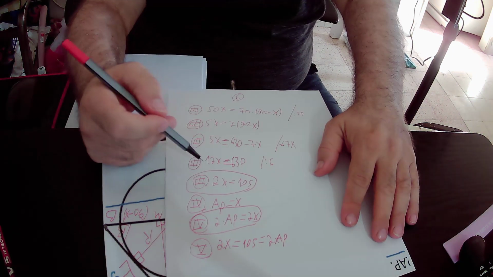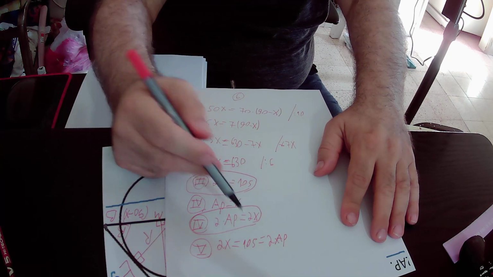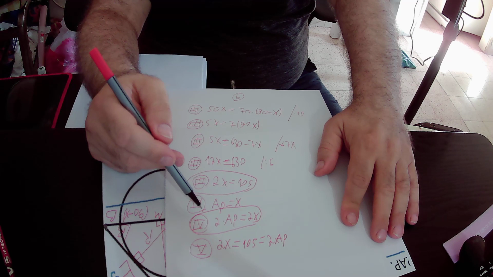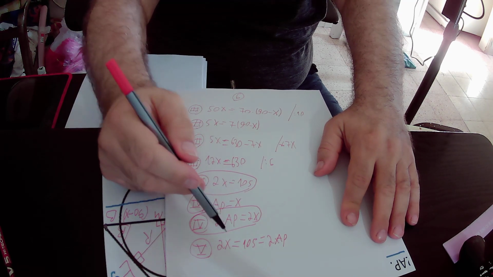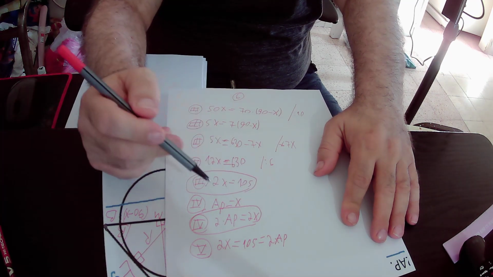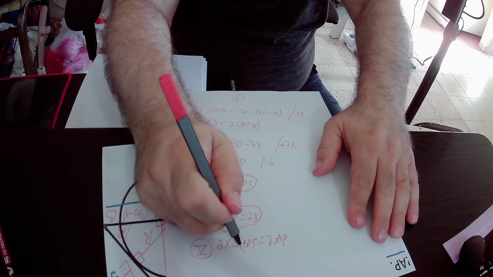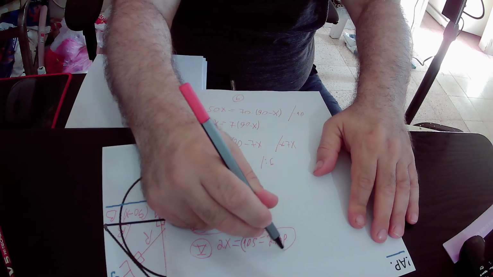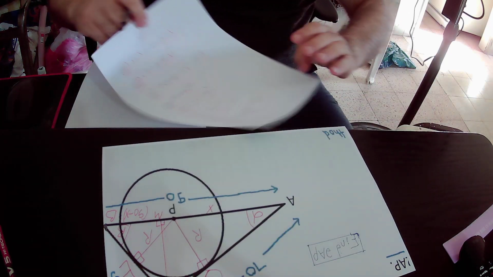From the third equation we know that 2 times x equals 105. But from the fourth equation we know that 2 times x equals 2 times AP. So we will add in the fifth equation that 2 times x equals 2 times AP. So in total we got that 2 times AP equals 105 units. So we write it down.